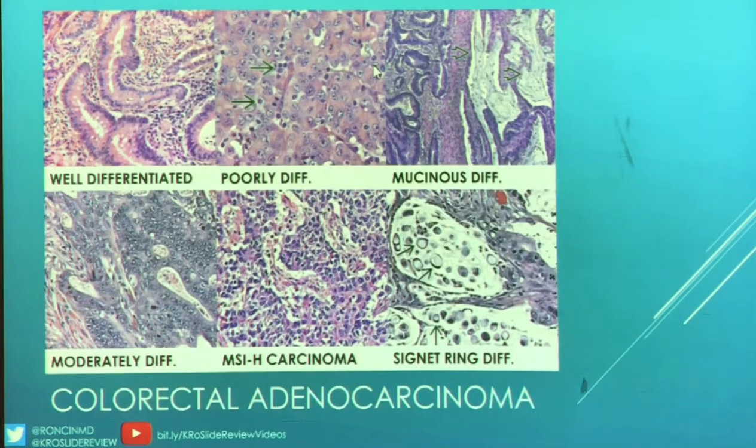Okay, so I put this slide on to show the difference between well-differentiated, moderately differentiated, and poorly differentiated, as well as some of the morphologies associated with whether it's mucinous, signet ring, or MSI high, because again, remember, MSI high has its own set of difficulties.